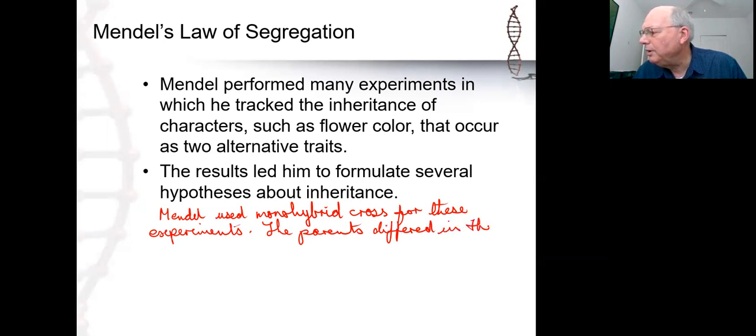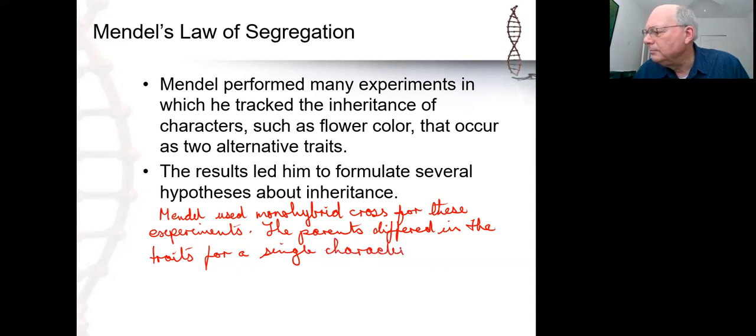So the parents differed in the traits for a single character. And we'll just put an example here to make sure that that's clear.